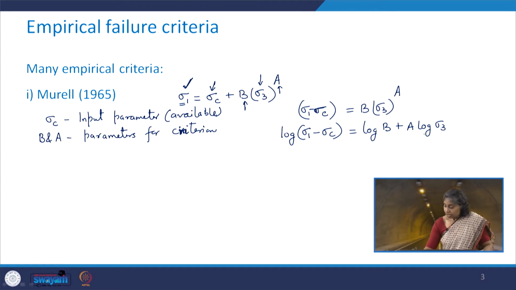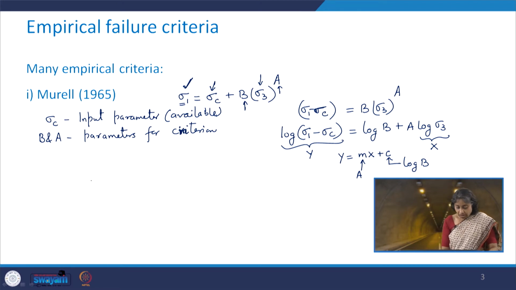Now, if you take the quantity log of sigma 1 minus sigma c as y and log sigma 3 as x, this will be an equation of a straight line in the form of y equal to mx plus c, where m is nothing but a and c is log of b.